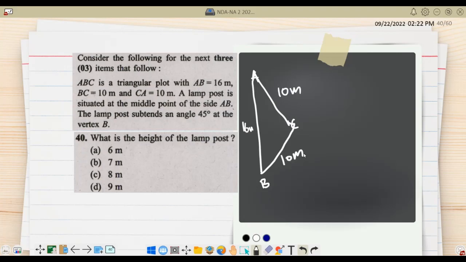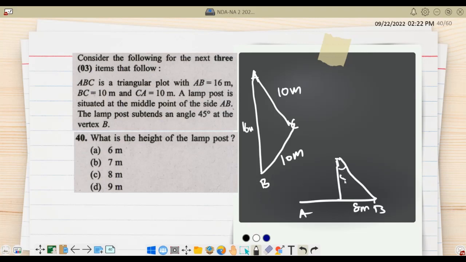This is going to be 10 meters, right? And now there's a tower at the midpoint of A and B. This is a tower. The whole thing is 16 meters in length. So this is going to be just 8 meters.